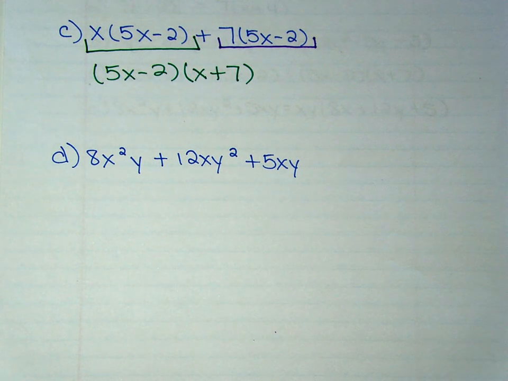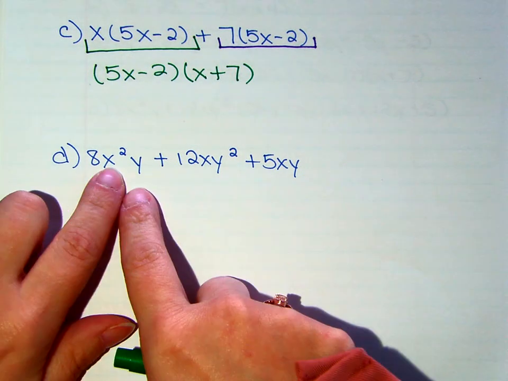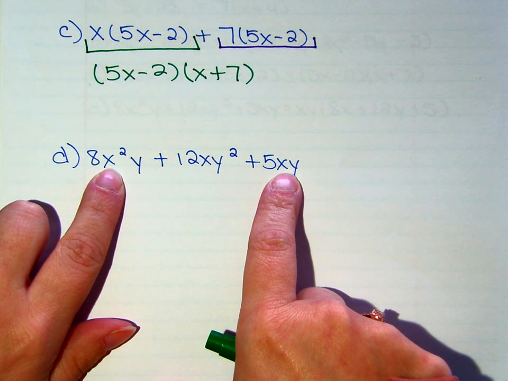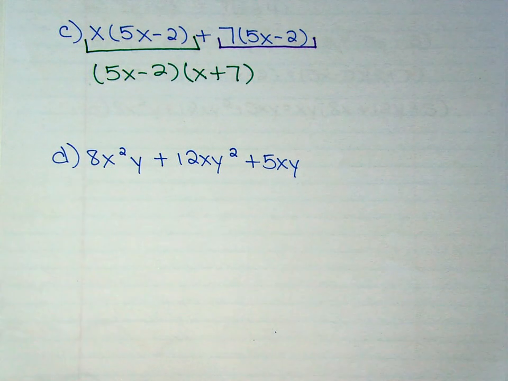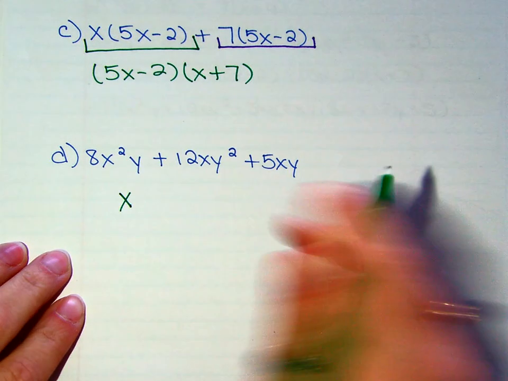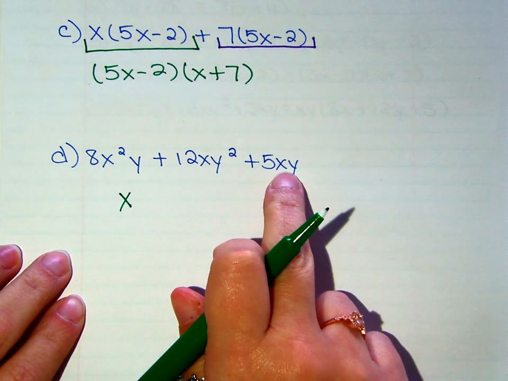So then I look and I say, okay, I have an x squared, an x, and an x. Do they have anything in common with those? Yeah, they have an x. This one has 2, but these other ones only have 1, so I can only pull out one x. And then I do the same thing for y's.